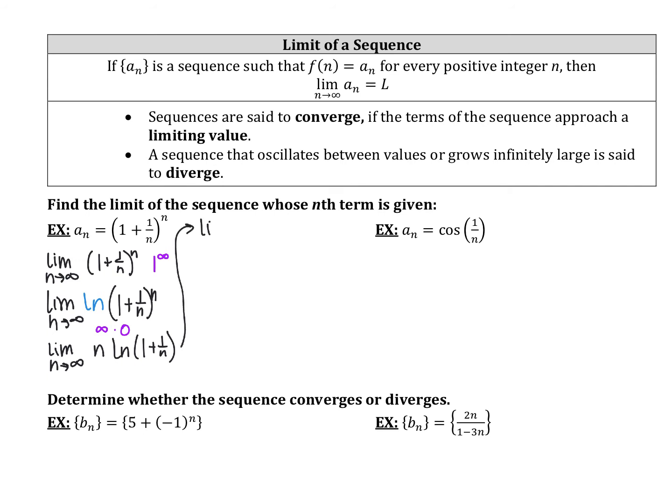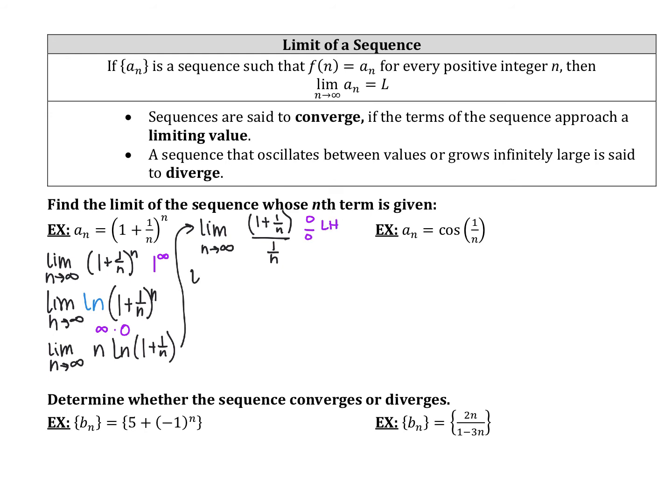So I'm going to rewrite this as the limit as n approaches infinity of the natural log of 1 plus 1 over n, over 1 over n. Now this is L'Hopital ready. When I plug in infinity here, I get 0 over 0, which means I can use L'Hopital's now.